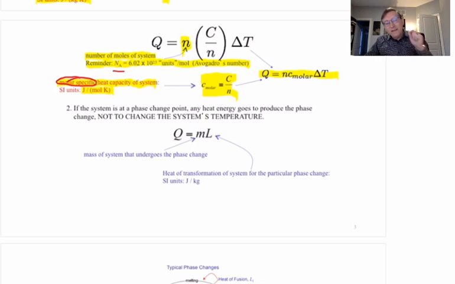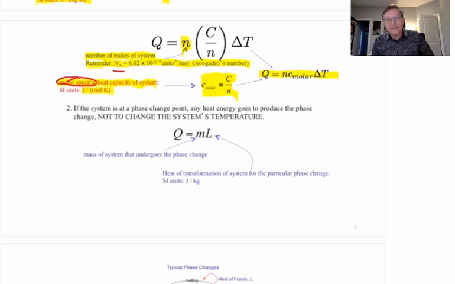What if the system is at a phase change point? What if I have water at atmospheric pressure at 0 degrees Celsius? Let's say it's liquid water. If I let energy exchange out of the system as heat, Q, out of the water into the surroundings, I discover, since I'm at this special point called the phase change point, the water's temperature does not go down in a regular standard sample of water.